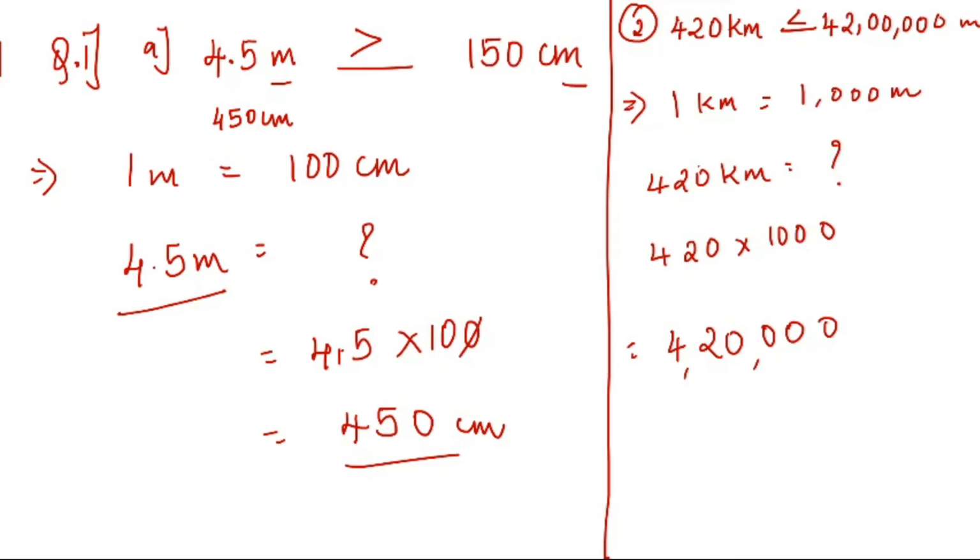Now the third one is 130 centimeter dash 13 millimeter. Okay, now it is in millimeter. So 1 centimeter is equal to 10 millimeter. We know this because we have seen already.